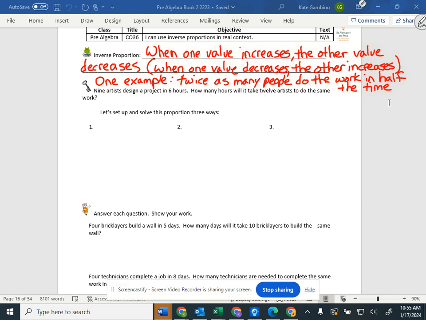If we have 9 artists design a project in 6 hours, how many hours will it take 12 artists to do the same work? So let's look at how we would set that up. How would we do our first proportion? How would I write that?